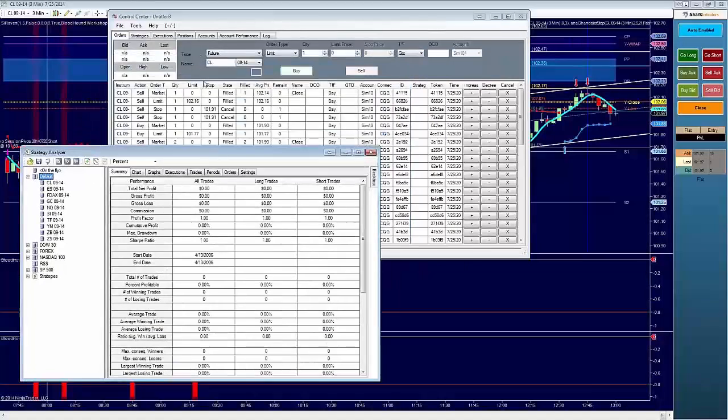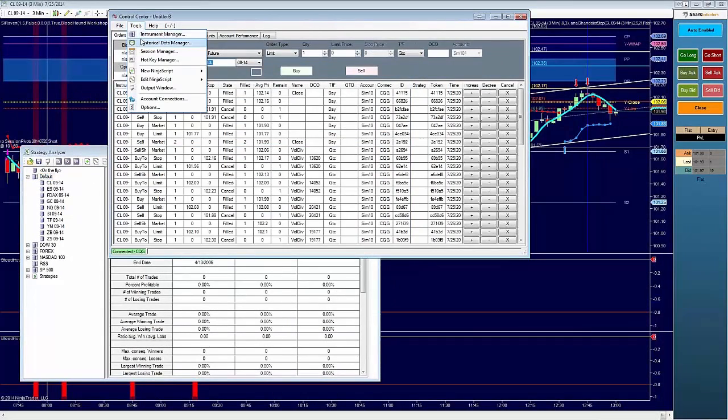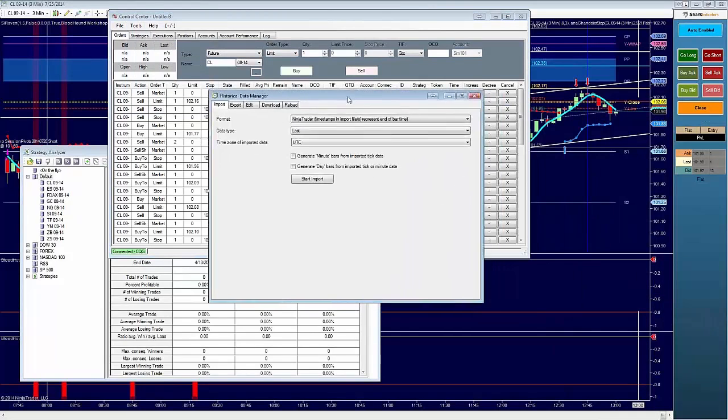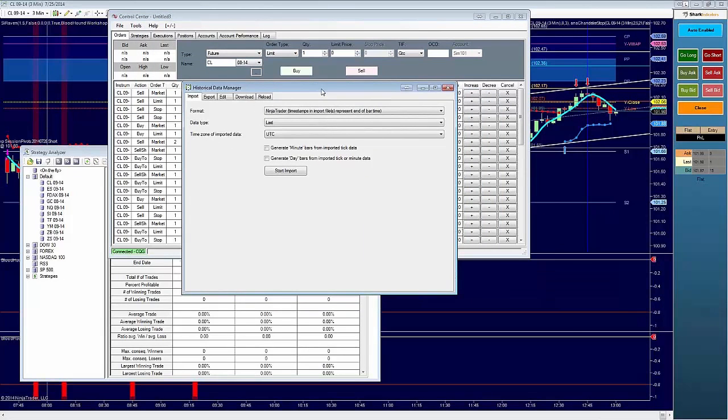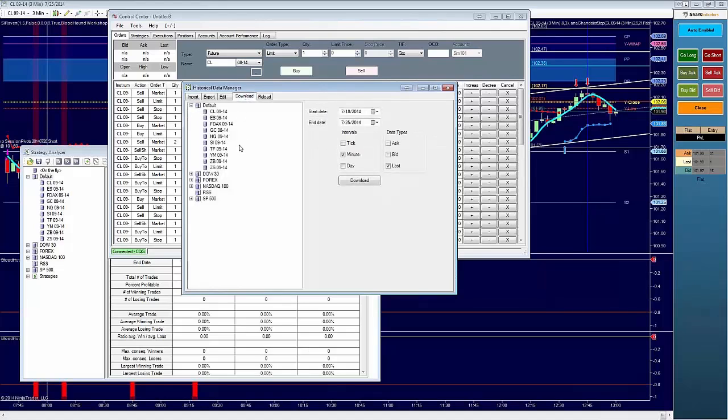Okay, first I'm going to go to the downloader, Historical Data Manager, and I'm only going to do this for 30 days so it's fast. I'm going to download 30 days of CL914.